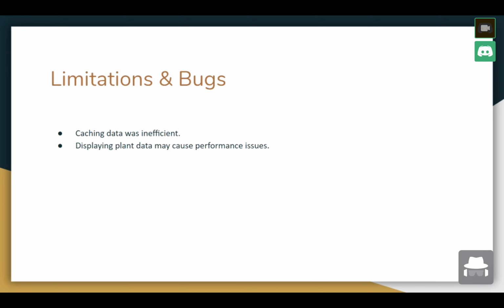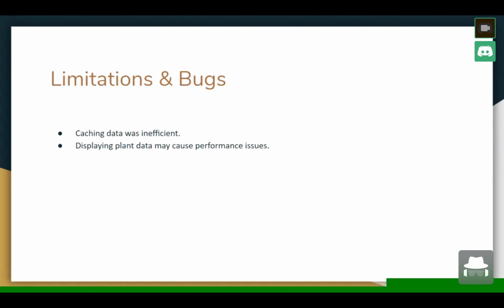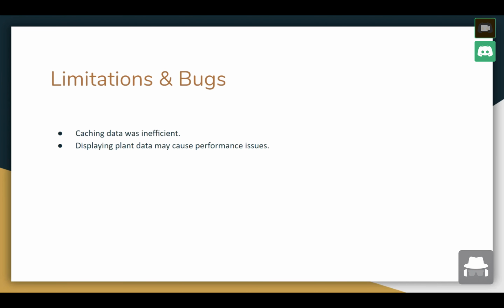Okay, so limitations and bugs. Caching data was inefficient because when we would cache data for the plant, we'd be sending updates to the server every 30 seconds. The issue was that once a plant was cached, we wouldn't be able to show the updated version.